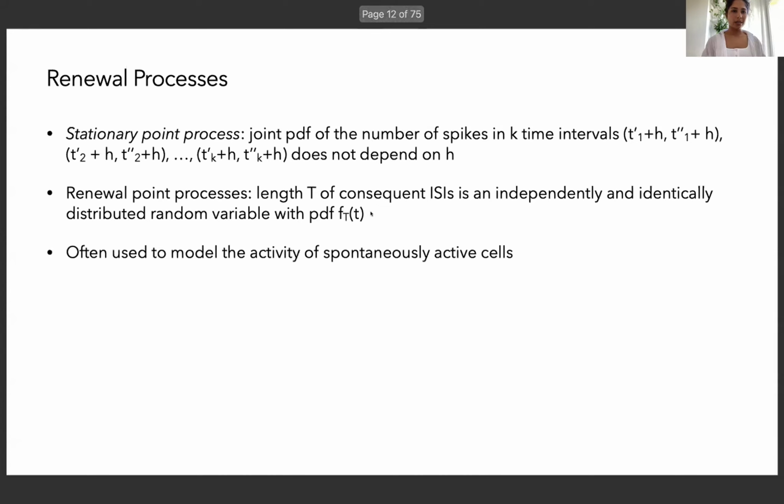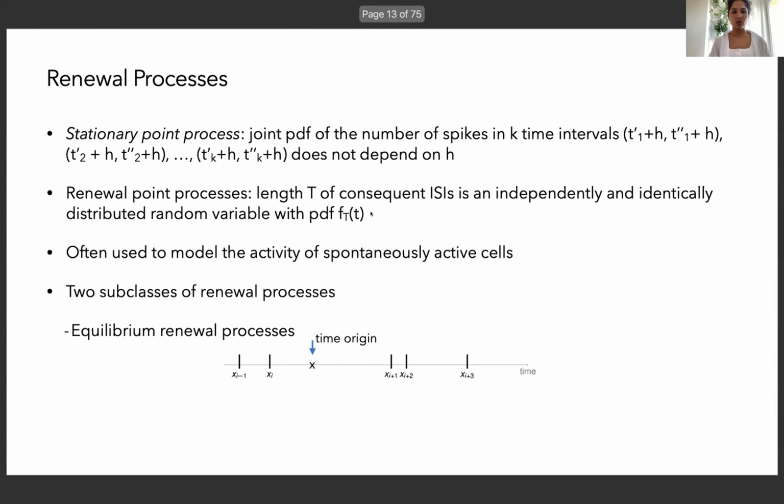Now, in the talk, I'm going to talk exclusively about renewal point processes, and they're often used to model the activity of spontaneously active cells. Now, in renewal point processes, there are 2 very important subclasses. The first subclass is called equilibrium renewal process. In this, the time origin where the process starts doesn't coincide with an event.